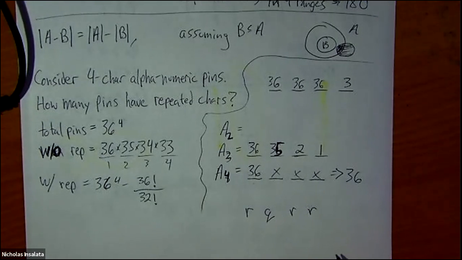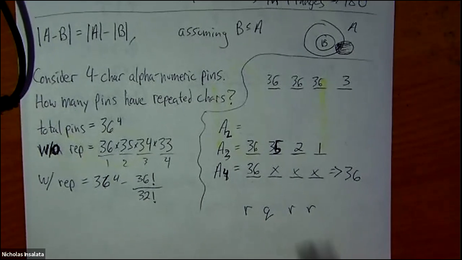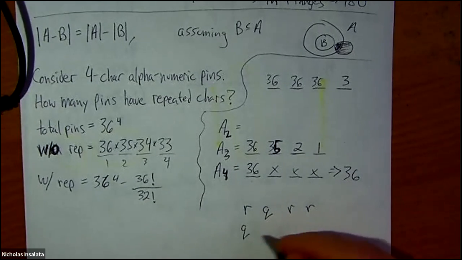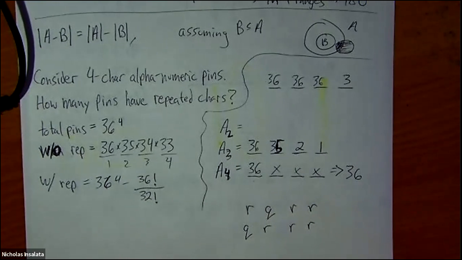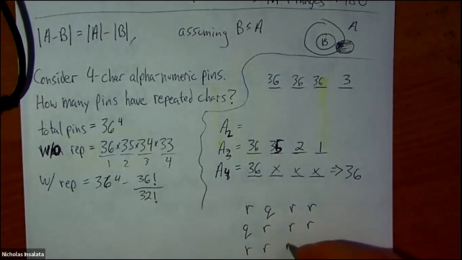Yeah, we also need to account for the positional switch, right? So that's kind of interesting. We have RQRR, but could we have the password QRRR here? We could. Okay, what about this one? RRRQ.